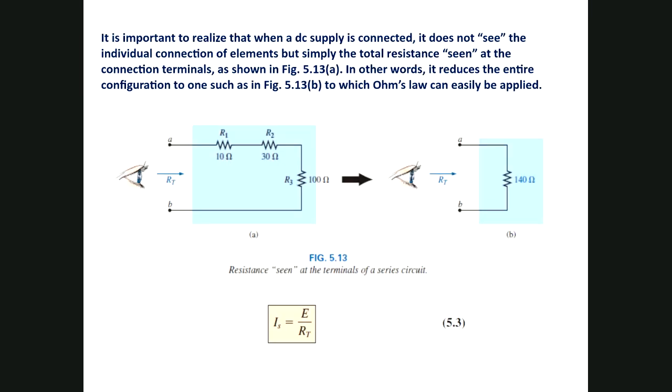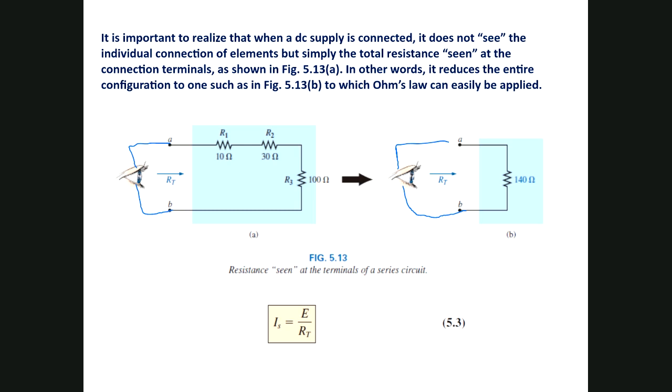How to add those resistors if you have a voltage supply? Just imagine this I here as a voltage source, like this one. So between those terminals A and B, you look through all the resistors here.